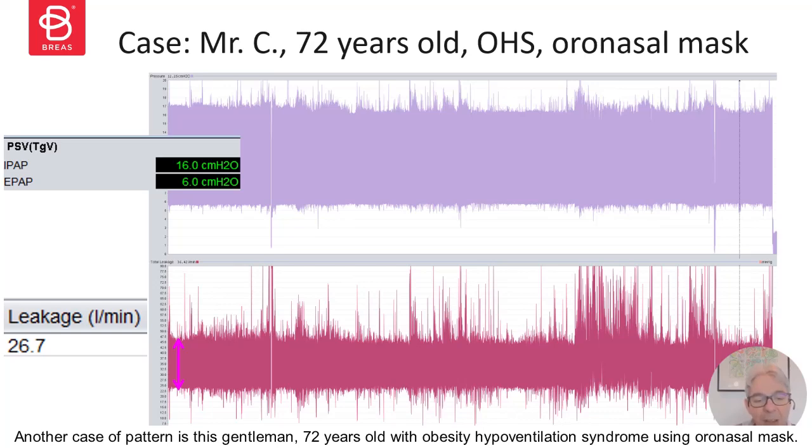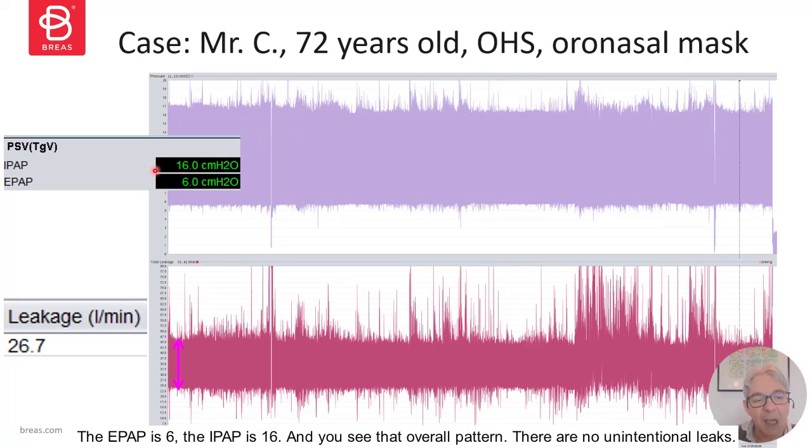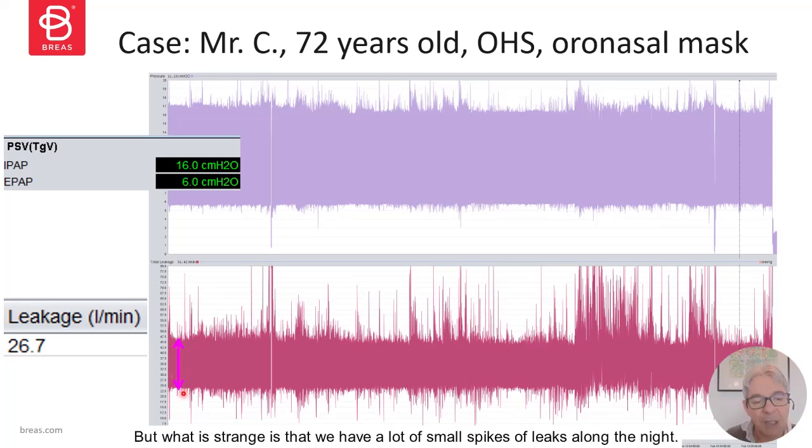Another case of pattern is this gentleman, 72 years old, with obesity hypoventilation syndrome, using an oronasal mask. The EPAP is 6, the IPAP is 16, and you see that overall there are no unintentional leaks. But what is strange is that we have a lot of small spikes of leaks along the night.